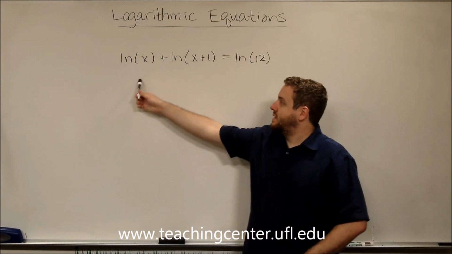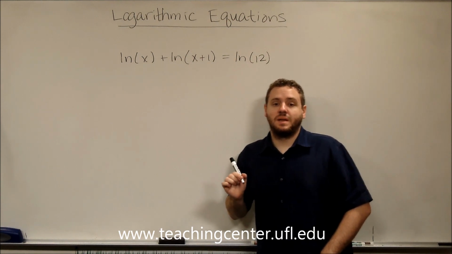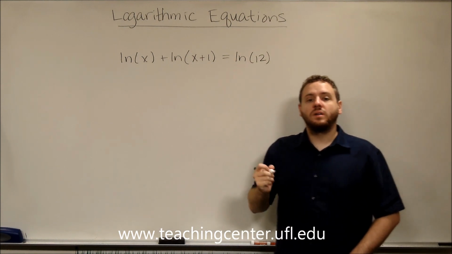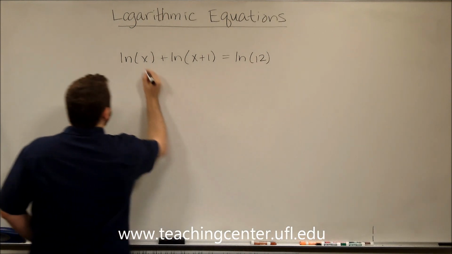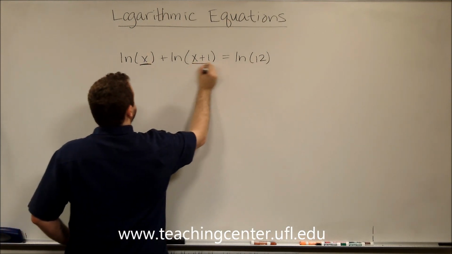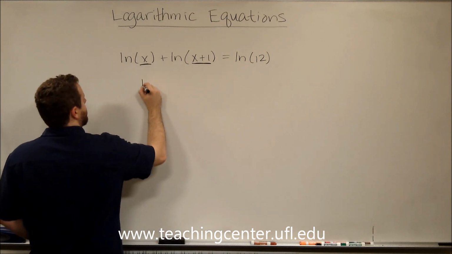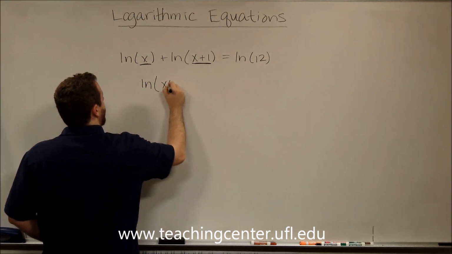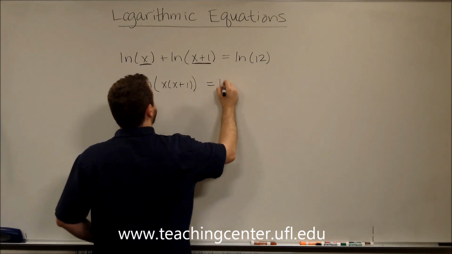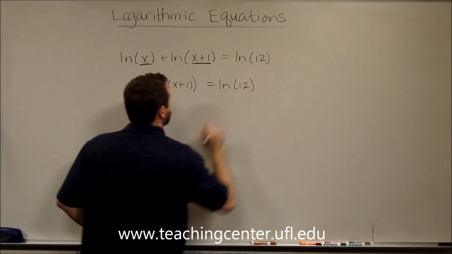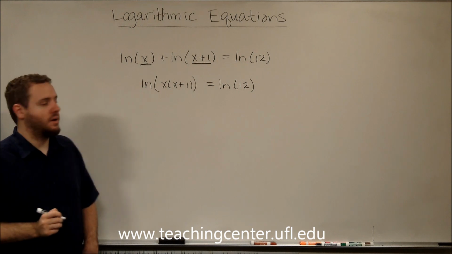Whenever you have an addition of two logarithms, that's the same thing as having one log with the product of their two arguments, here x and x plus 1. So the left side reduces to ln of x times x plus 1 equals ln of 12.